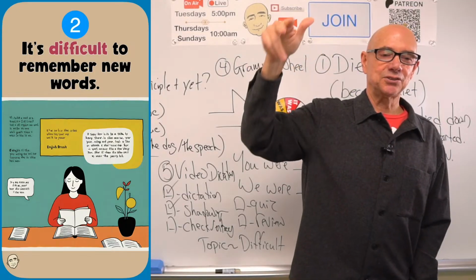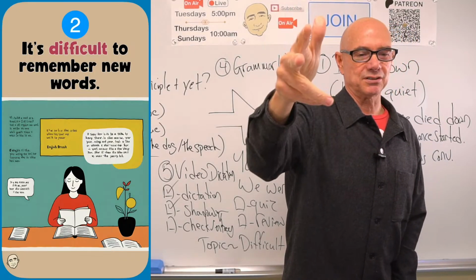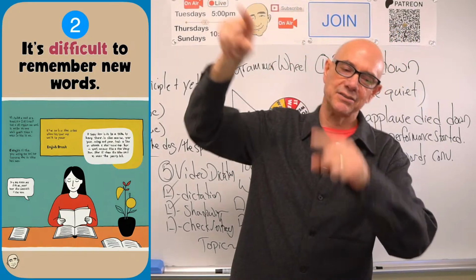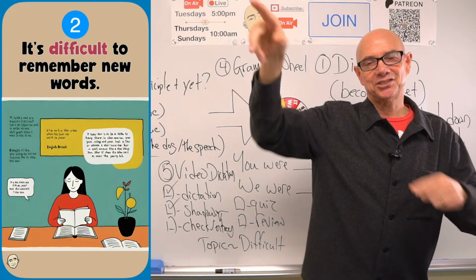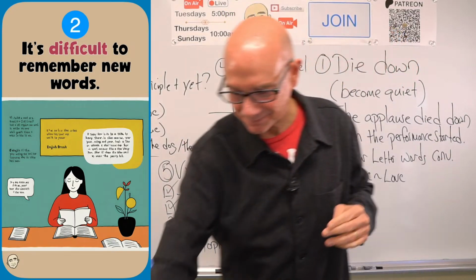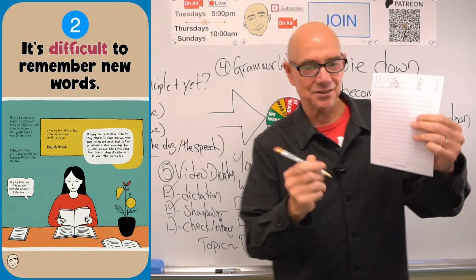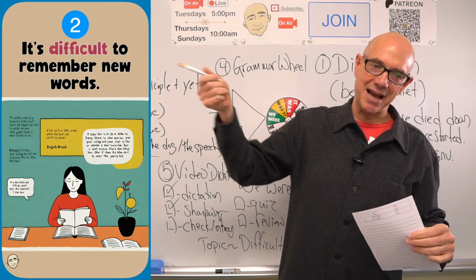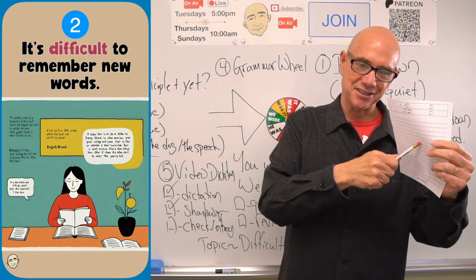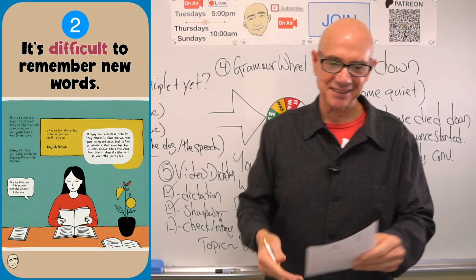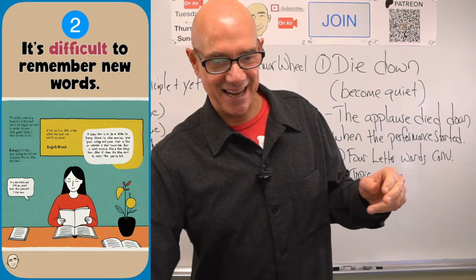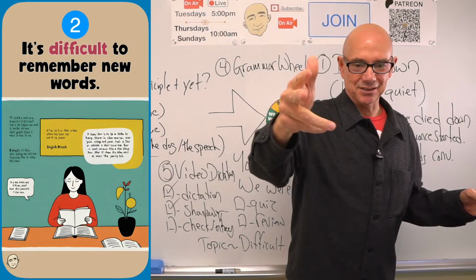It's difficult to remember new words. If you got it right, shoot some hearts. If you got it right, shoot some hearts. So, look at your sentences. Do they match this sentence? Does your sentence match this sentence? Okay, Ava, 2 check marks.